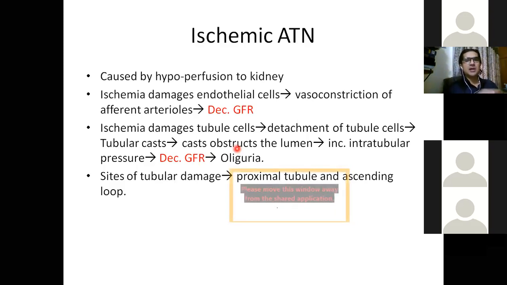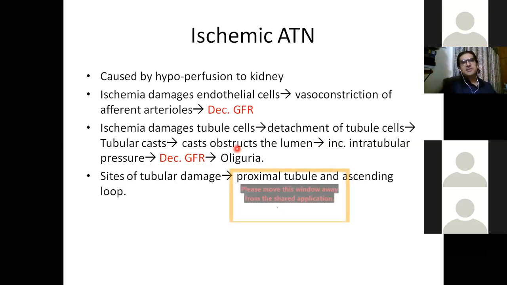If less blood is coming, the endothelial cells sense it, and it starts increasing the production of vasoconstrictors and decreases the production of vasodilators. As a result, there is a net vasoconstriction, right? As a result of that vasoconstriction, the GFR decreases, right?